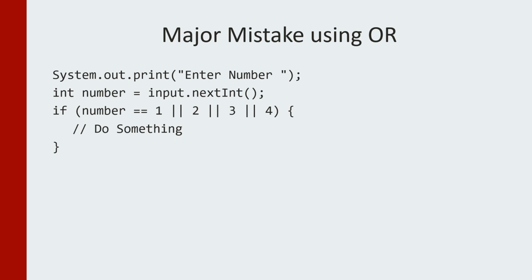Now, I do want to point out that there's a mistake you might make when using or. If you wanted to have a couple of different cases, like number is 1 or 2 or 3 or 4, you might just end up wanting to do number equals 1 or 2 or 3 or 4. But you can't do it this way.